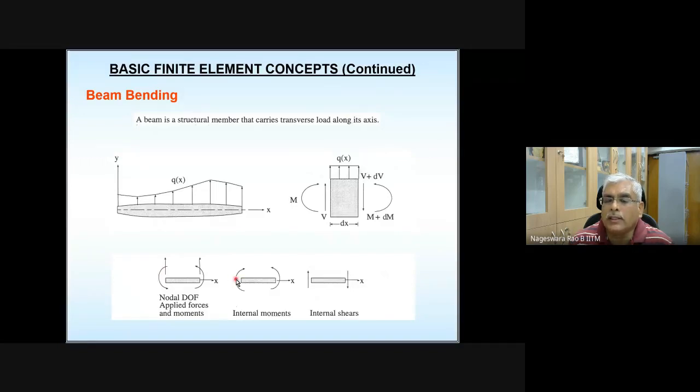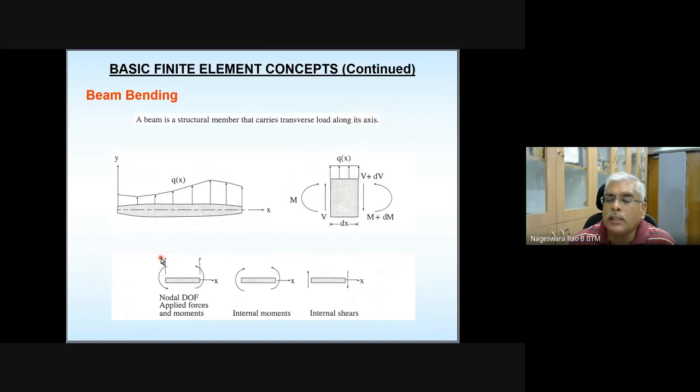Okay. So what did we use as the notation for applied forces? Applied forces F1, F2. So first let's look at only applied forces and internal shear. F1, F2, and here it's V1, V2.